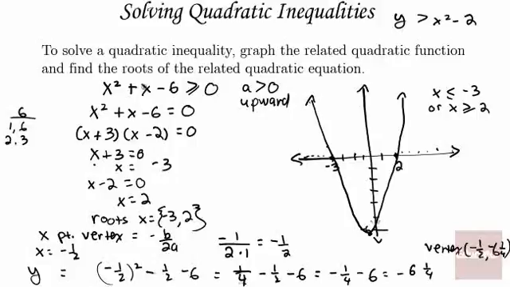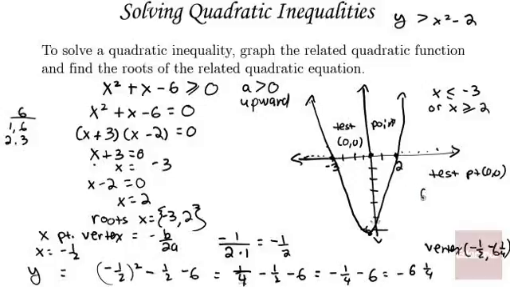So you can always look at it and do it by logic, or you can use a test point. If I use a test point of 0, 0, I would go back here and let x equal 0, and see if that satisfies this inequality.